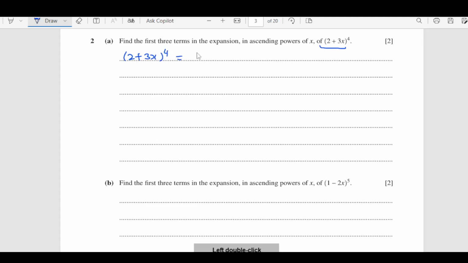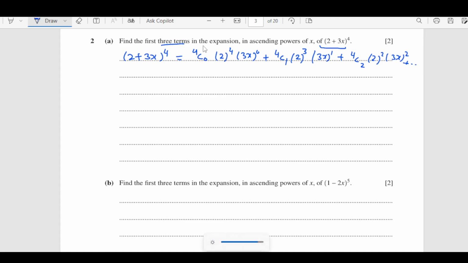We will expand this, so this is going to be 4c0, 2 power 4, 3x power 0, plus 4c1, 2 power 3, and 3x power 1, then 4c2, 2 power 2, and 3x power 2, right? I'm only taking the first 3 terms, as we are required only the first 3 terms in this.